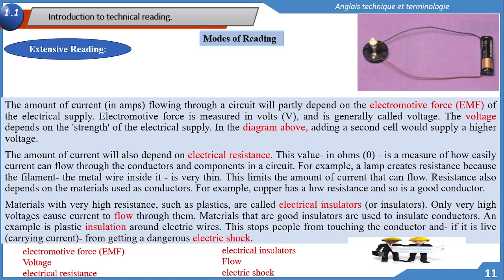You learn also about electrical insulators and how they prevent current flow unless exposed to very high voltages. You understand that insulators like plastic are used to protect conductors and prevent electric shock.